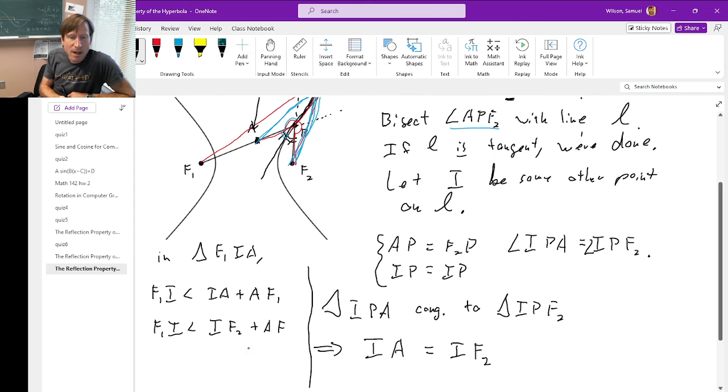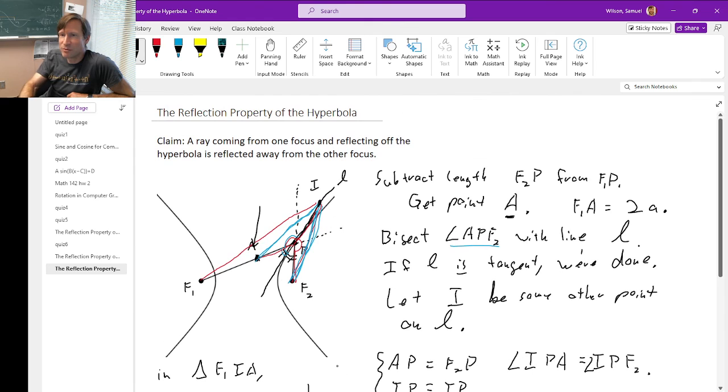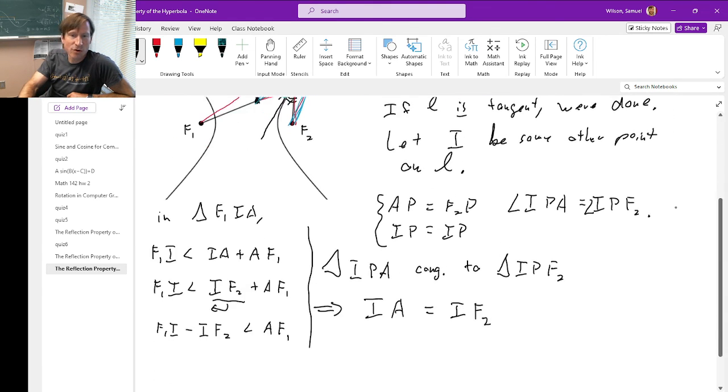Okay. And now what I'm going to do is move this length of I to F2 to the other side. So we get F1 to I minus the length from I to F2 is less than the distance from A to F1. And believe it or not, we're now done, because the distance from A to F1, if we look up here, that's that characteristic distance for our hyperbola.